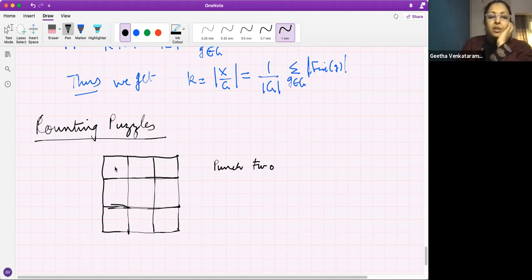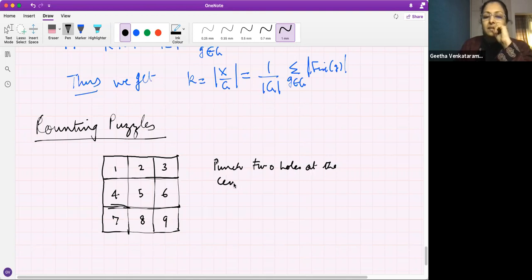Maybe I should number them. It's not numbered in the card. I'm just numbering them for our convenience: 1, 2, 3, 4, 5, 6, 7, 8, and 9. So they punch 2 holes at the center of 2 of these 9 squares.